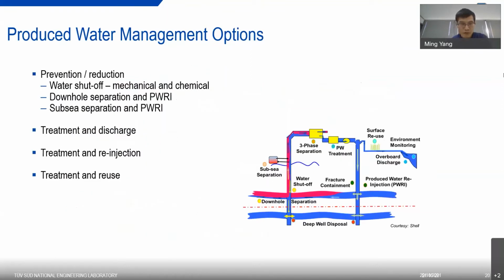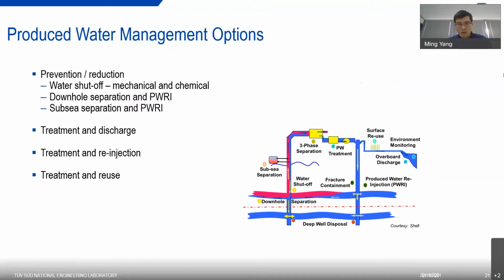First of all, we're looking at preventing and reducing the amount of water being brought to the surface. So we're looking at water shutoff technology at the reservoir level and downhole level, and there are some mechanical and chemical ways to do that. If you cannot do that, downhole separation and produced water reinjection becomes an option, or for offshore situations, subsea separation and produced water injection.